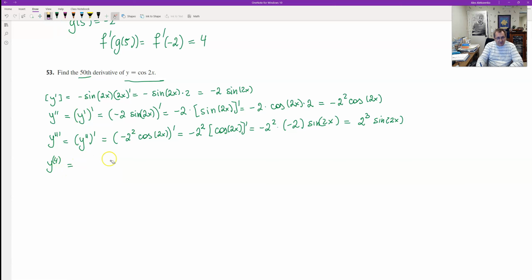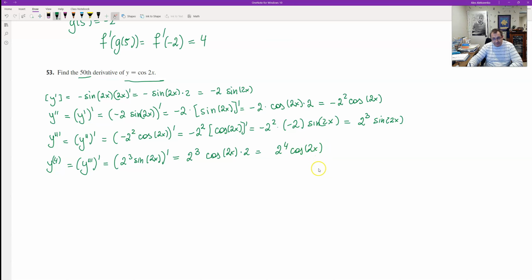And the fourth derivative, which is the derivative of the third derivative, is the derivative of 2 cubed sine of 2x, right? And I'll have the 2 cubed, and the derivative of sine we already have computed. It's going to be cosine of 2x times 2. So we will have 2 to the 4 cosine of 2x.